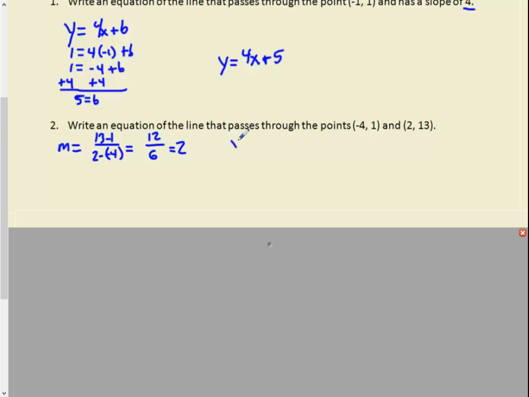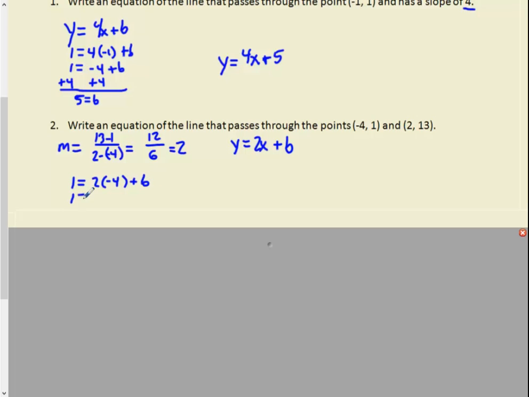So we're going to have an equation that looks like y equals 2x and then plus our y-intercept. Now we get to choose, and we can use either one of these 2 points. So let's say we want to use -4 for x and 1 for y. So we have 1 equals 2 times -4 plus b.